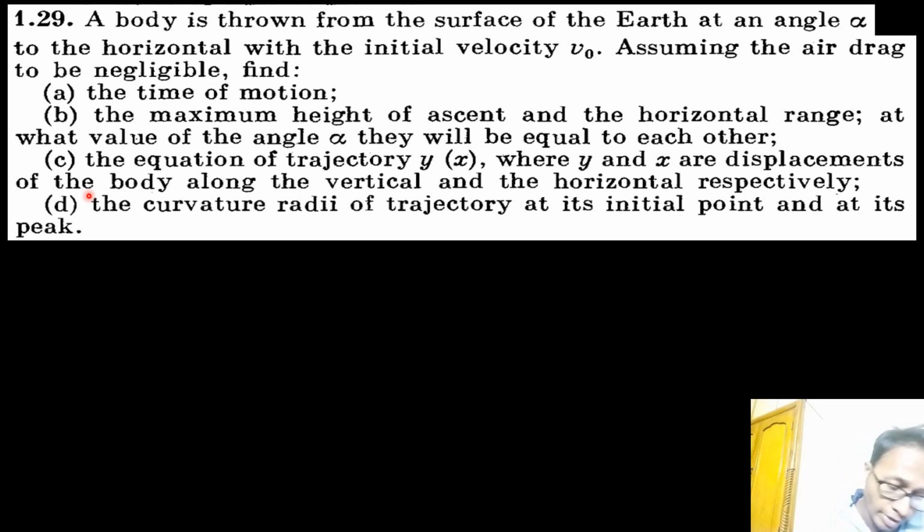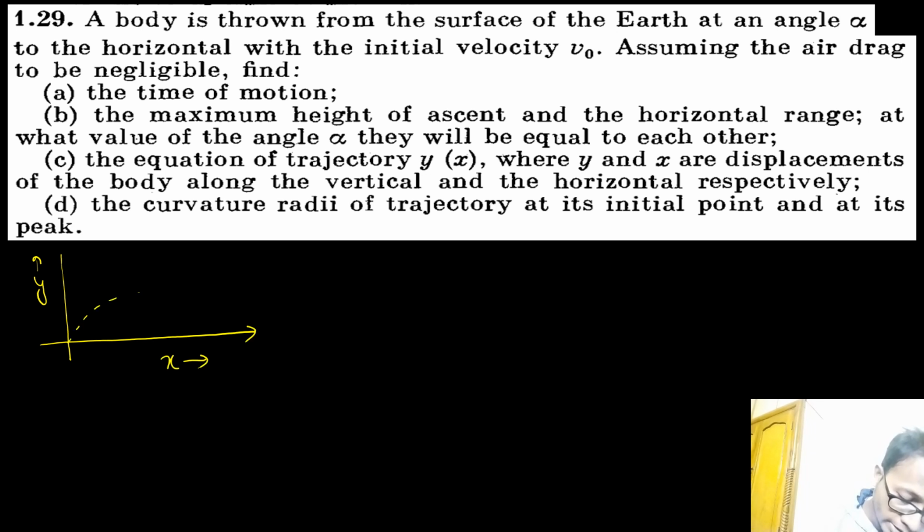Let's look at the third part of the question. The equation of trajectory y is equal to x, where y and x are displacement of the body along the vertical and horizontal component respectively. So this is the vertical component y-axis, this is the horizontal component x-axis, and the projectile occurs in this manner with initial velocity u along this direction at an angle theta.